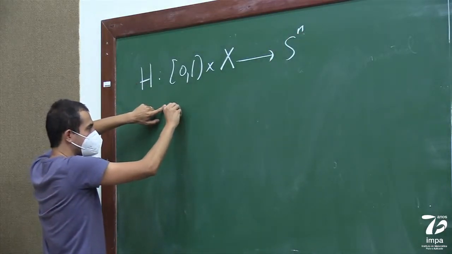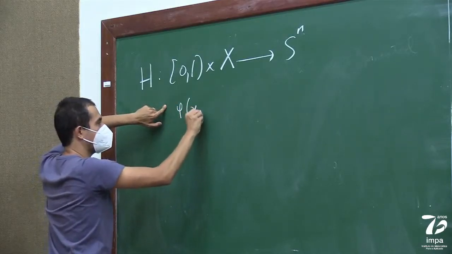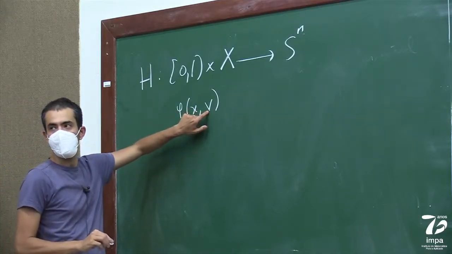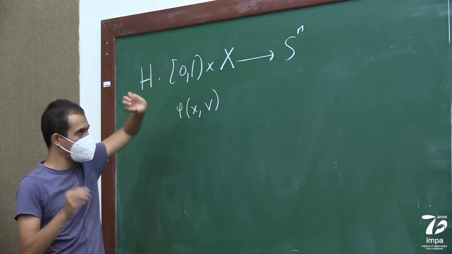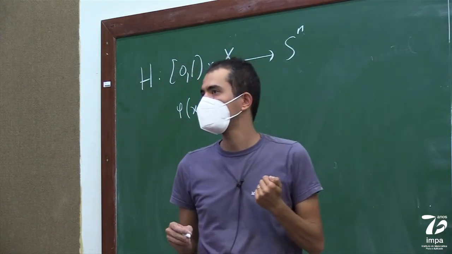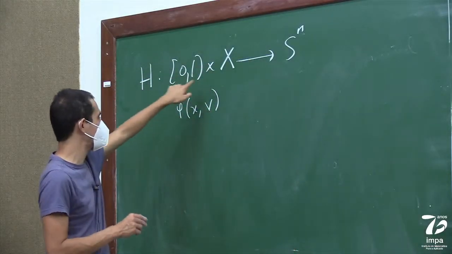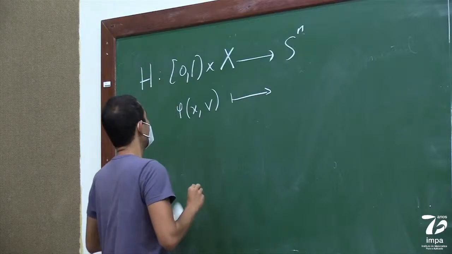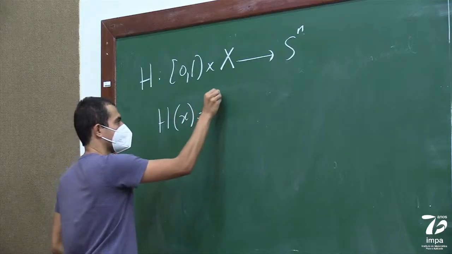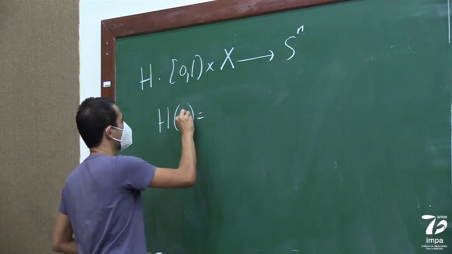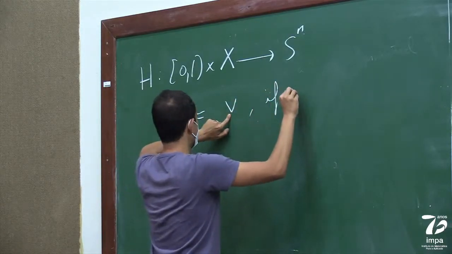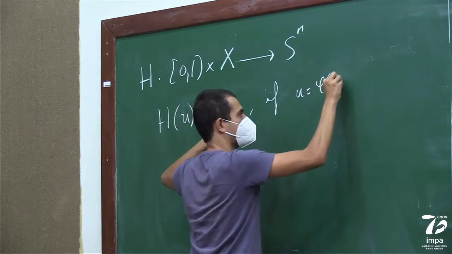If you take a point that's in the image of this diffeomorphism, phi of xv, basically the idea is I want to just take this to v. So h of u, I would like it to basically be v if u is phi of xv.